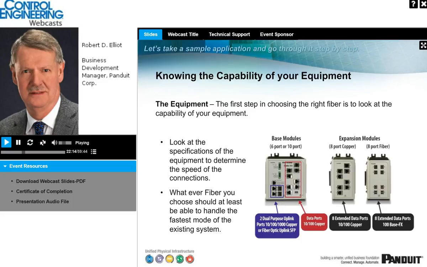So as you look at the first of those bullets, we talked about knowing the equipment that you're discussing.